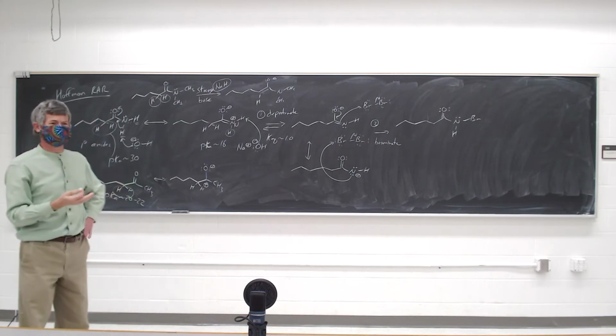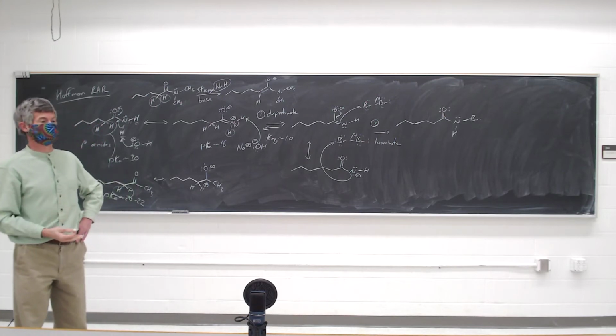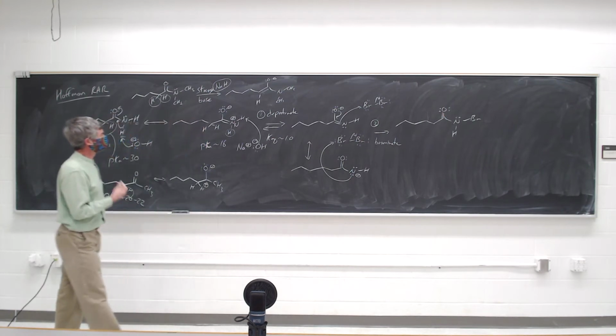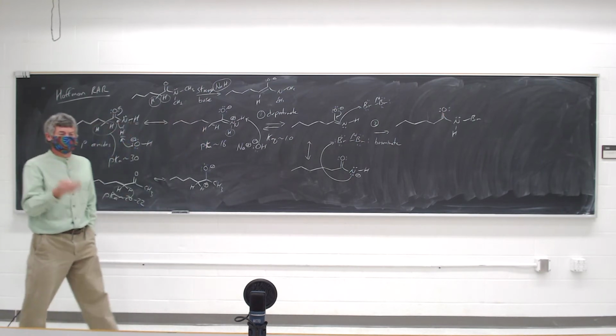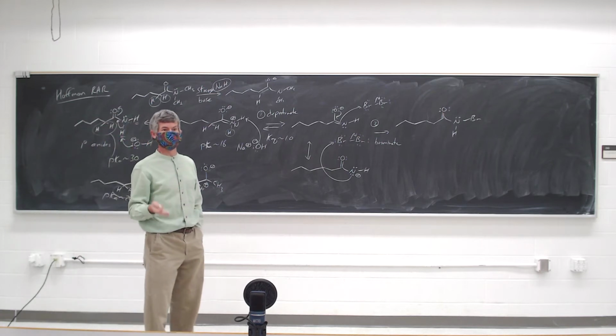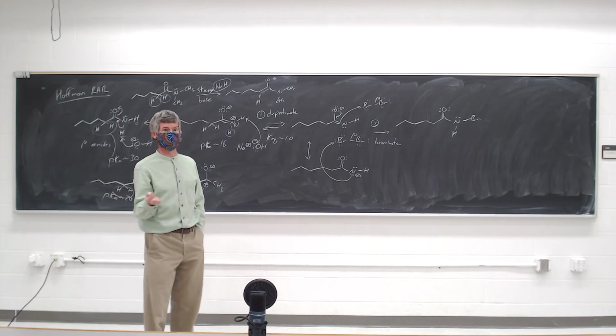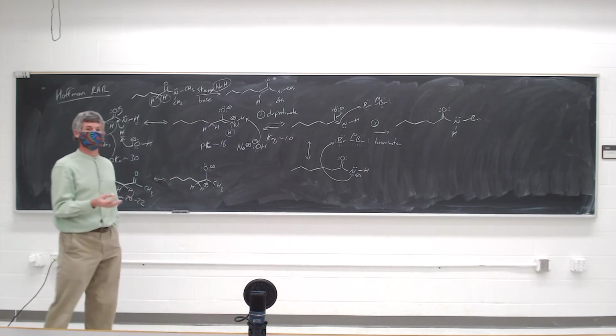The second step is effectively irreversible. Bromide is not likely to come back in and take that out. So two steps, deprotonate and then brominate. Very much like the first two steps of the Hunsdiecker reaction, where we deprotonated and then we brominated to form the hypobromite.